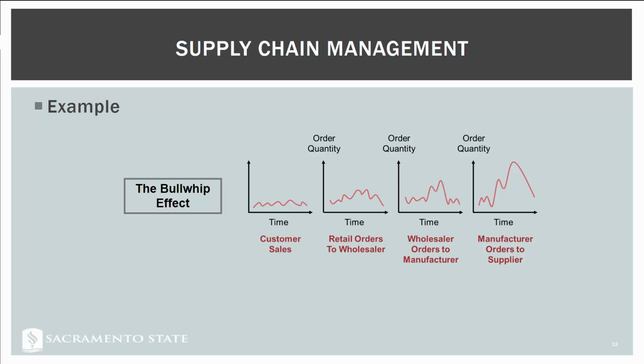Then the wholesaler says, oh, we thought the product was going to be really hot, and so we told the manufacturer to send us a whole bunch more, but now we're not getting orders from our customers, so let's not order any more from the manufacturer. We might even need to liquidate our inventory. And then the manufacturer says, oh my goodness, nobody's supplying products. We don't want to hold a ton of inventory. Let's cancel our production for now.